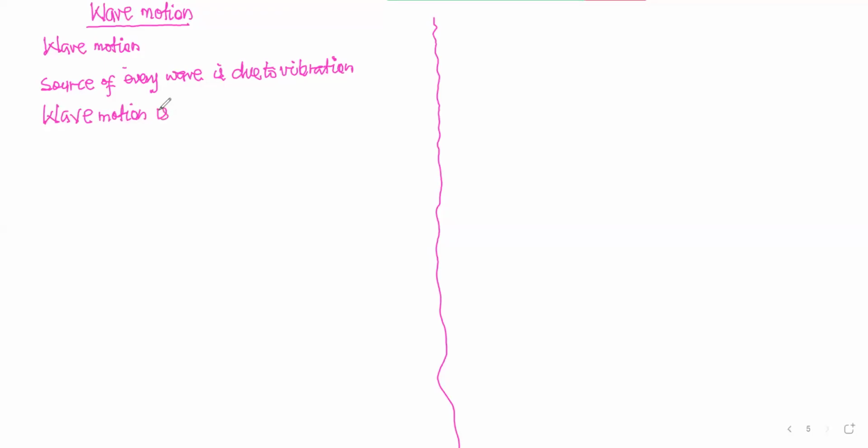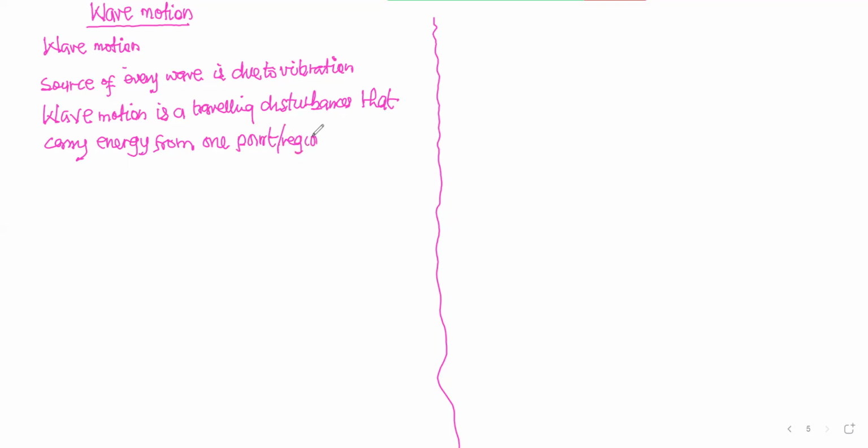Wave motion is a traveling disturbance that carries energy from one point or one region of a medium to another point or region.